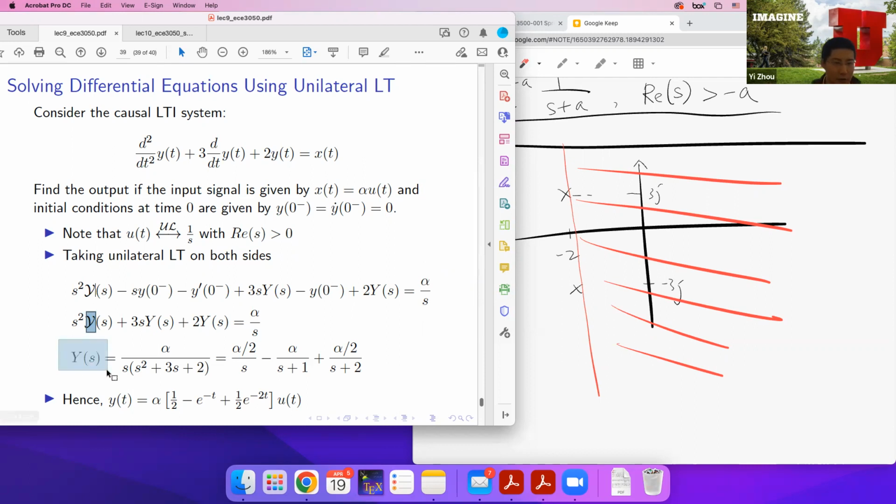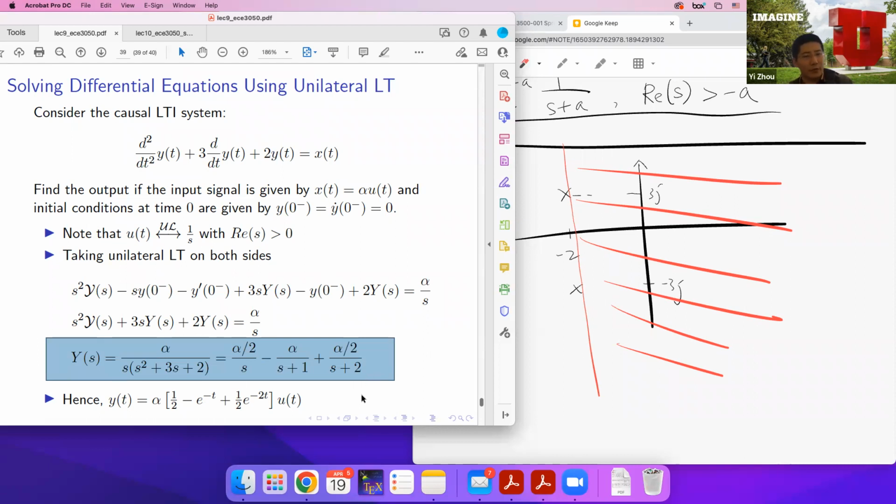So the unilateral transform, in the end, you can take such a rational form. And then this one, after partial fraction expansion, can be decomposed into 3 fraction terms. And directly from the unilateral transform, we can directly obtain the signal.